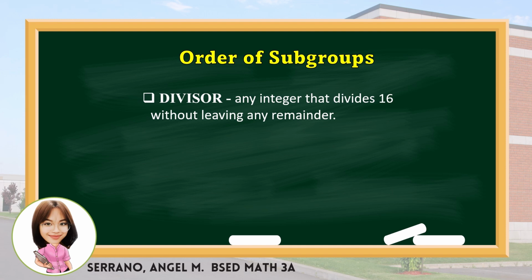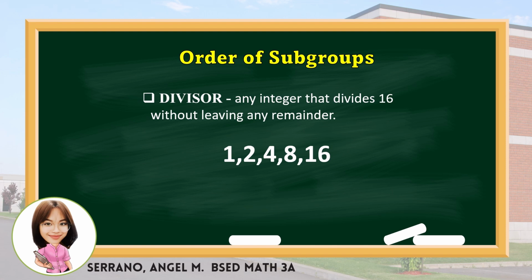So we have 1, 2, 4, 8, and 16. These are the orders of the subgroups in the group S. So we have subgroups of order 1, subgroups of order 2, subgroups of order 4, subgroups of order 8, and lastly subgroups of order 16.